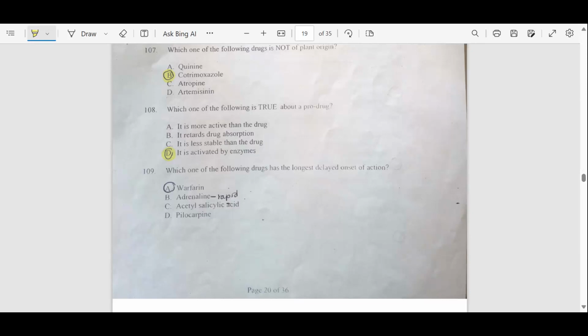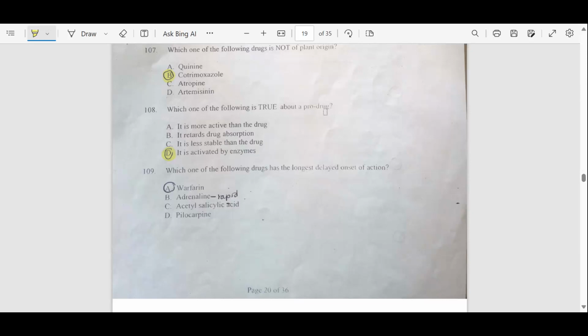Someone is saying back to 108. Spider-Man is asking if we can mention common examples of prodrugs. Prednisone is one of them, the most common one actually.